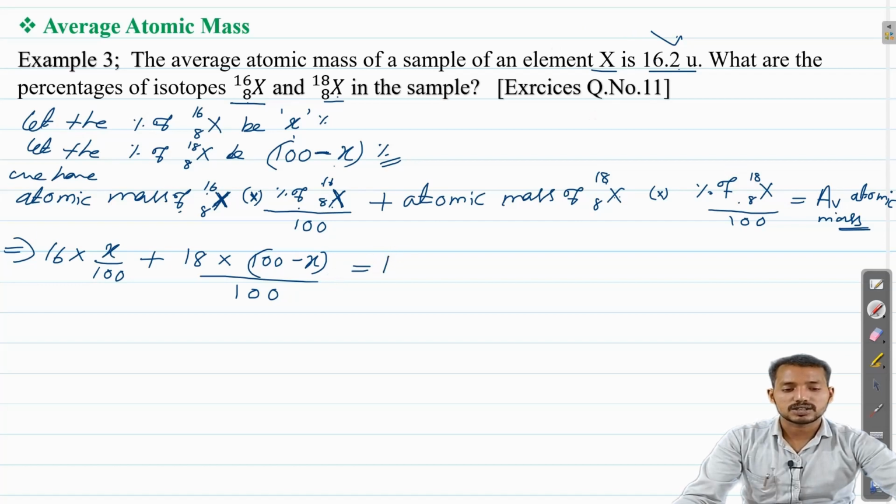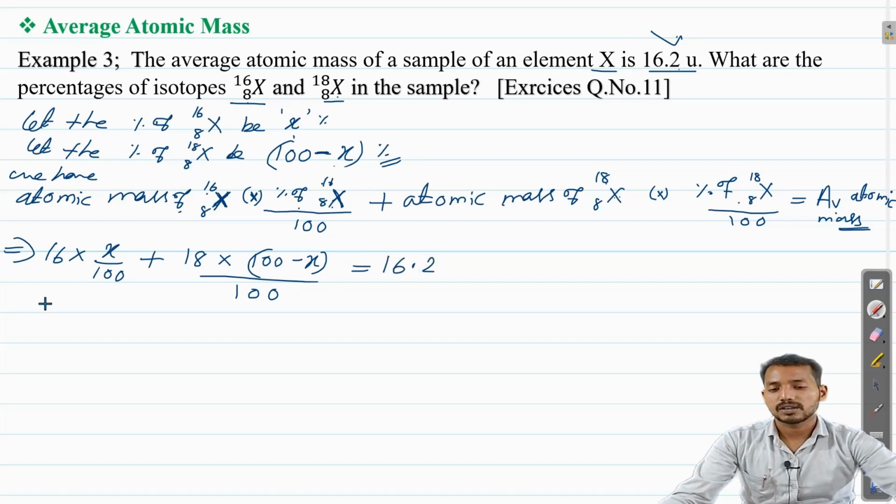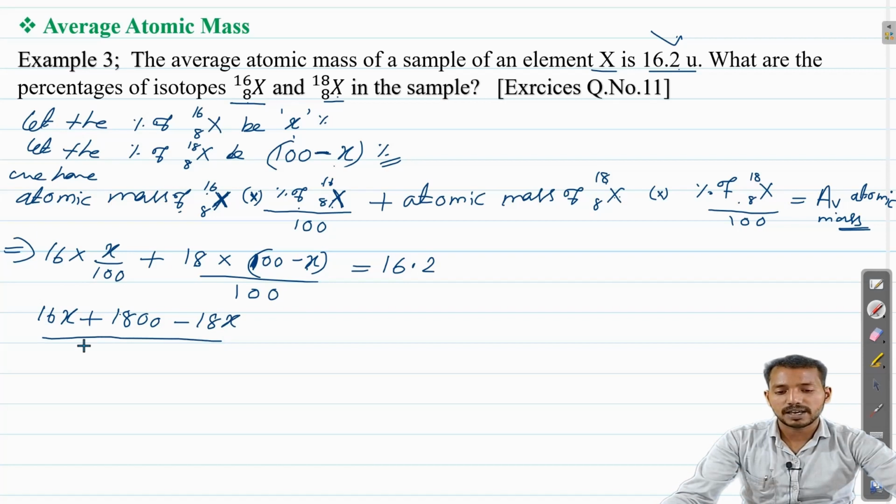that is 16.2. Clear? Now just multiply the numerator, so we will get 16x plus 18 into 100, which is 1800, plus 18 into minus x, equal to minus 18x, divided by 100.